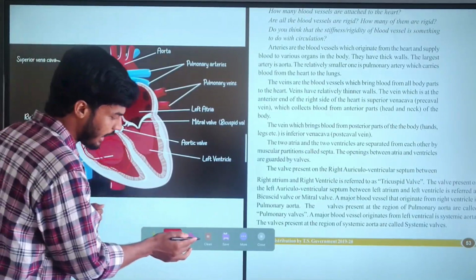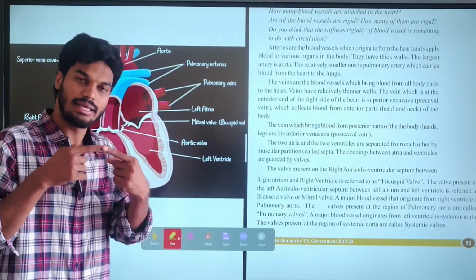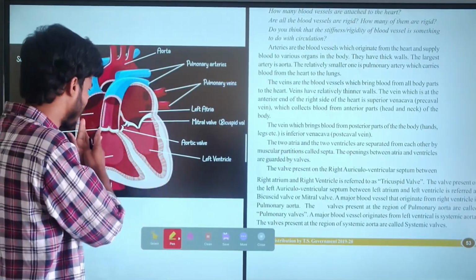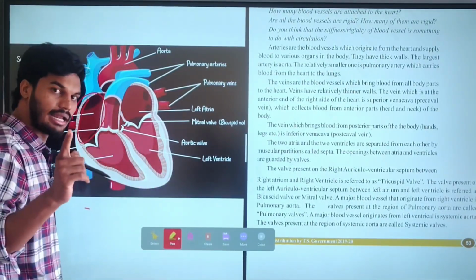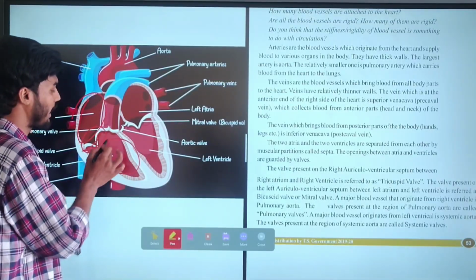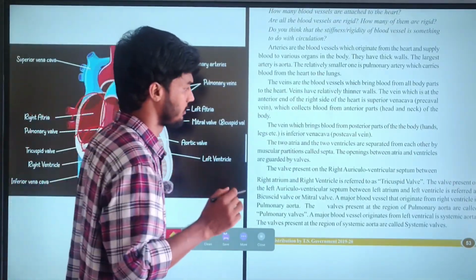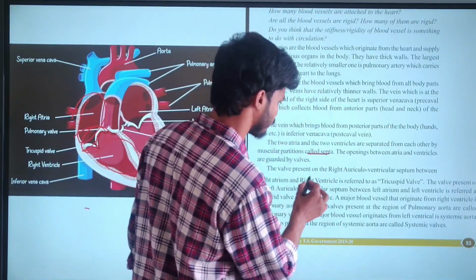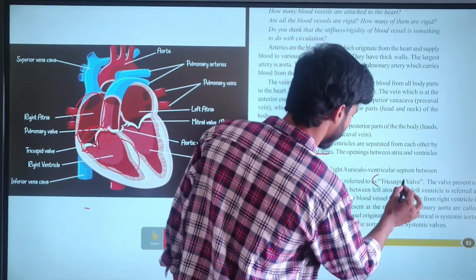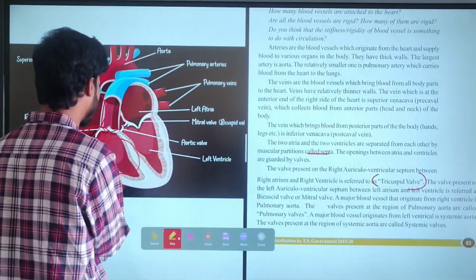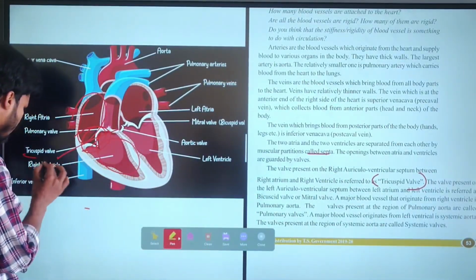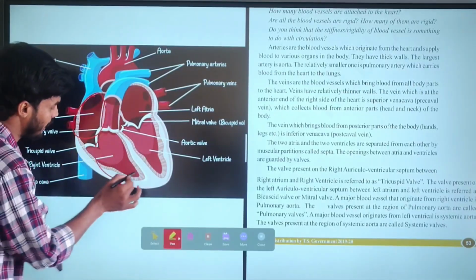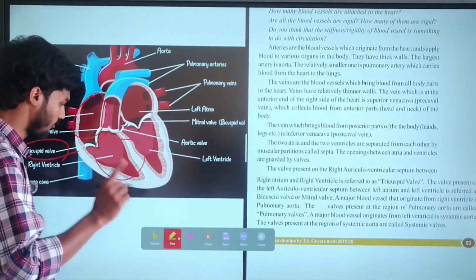Simply, these valves act like gate doors, preventing the backward flow of blood. Clear? On the right side, between the right atrium and right ventricle, we call it the tricuspid valve.